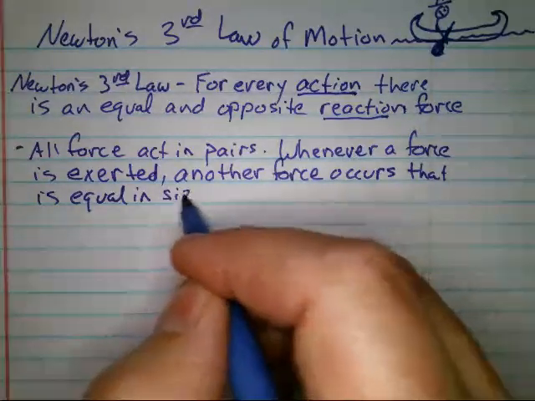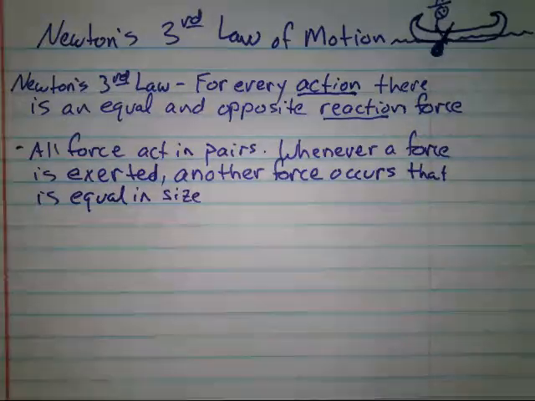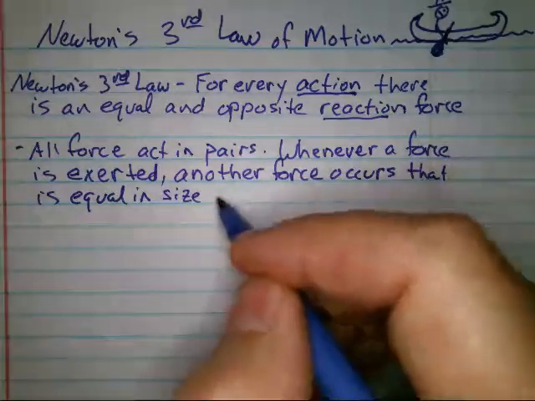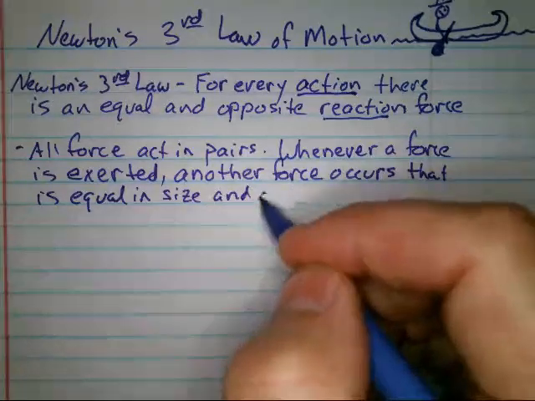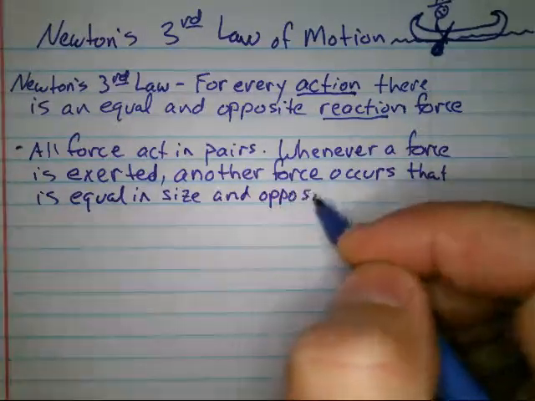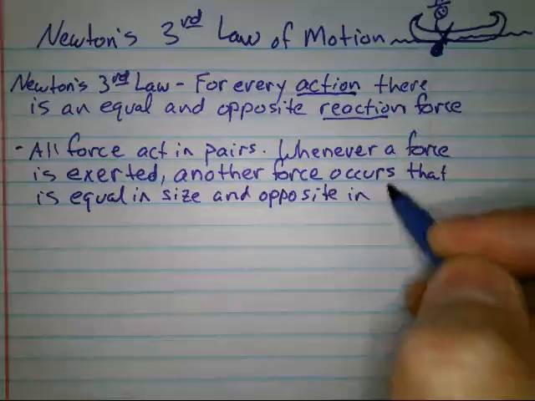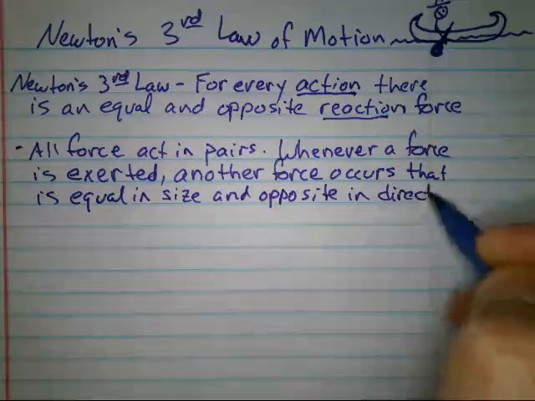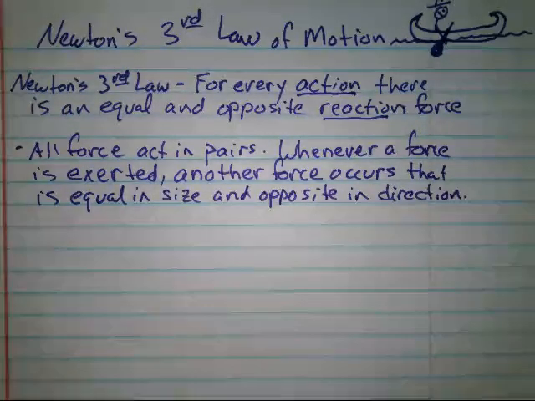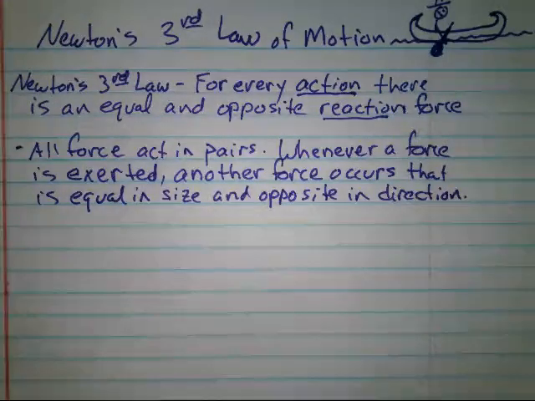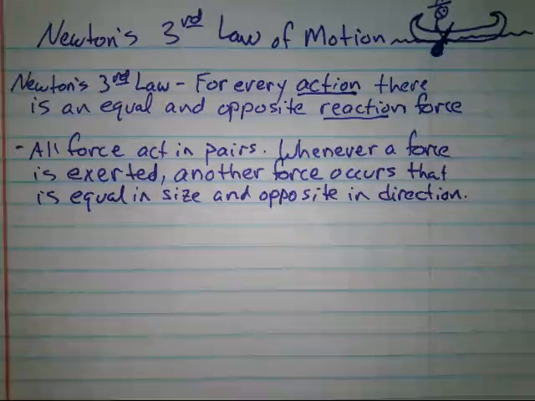The fancy word we learned for that is magnitude, and opposite in direction. All right, let me just repeat that whole statement. All forces act in pairs. Whenever a force is exerted, another force occurs that is equal in size, or equal in magnitude, and opposite in direction. So if you have one force vector, there's always an equal and opposite going the other way.